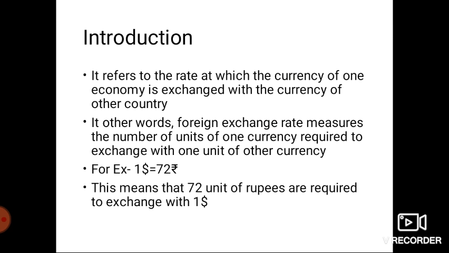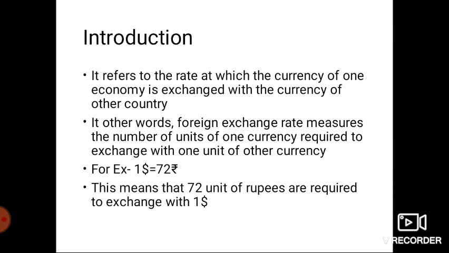Similarly, Japan has the largest steel plant, but we are the raw material supplier for South Korea and Japan. If we do not supply this raw material, Japan's industry would not run. So what I want to say to you is that the theory of specialization gives the scope for international trade.